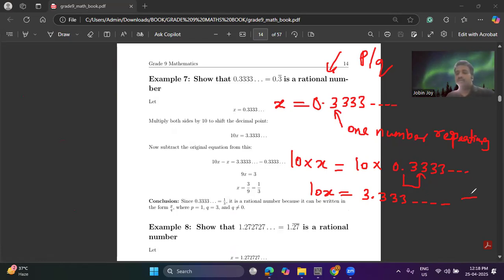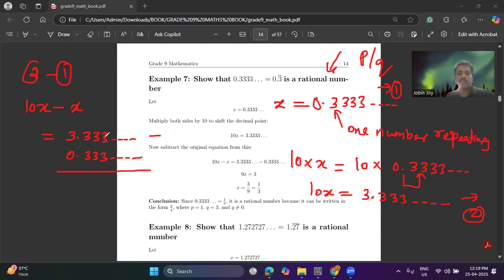Now we have two equations. The first one is equation number 1, and this is equation number 2. I'm subtracting 2 minus 1. So 10x minus x equals 3.333, etc., minus 0.333, etc. Subtracting: 3 minus 3 is 0, 3 minus 3 is 0, and so on, and 3 minus 0 is 3.